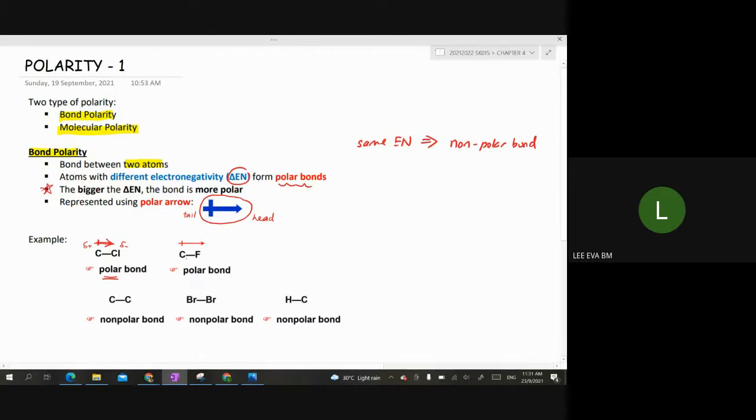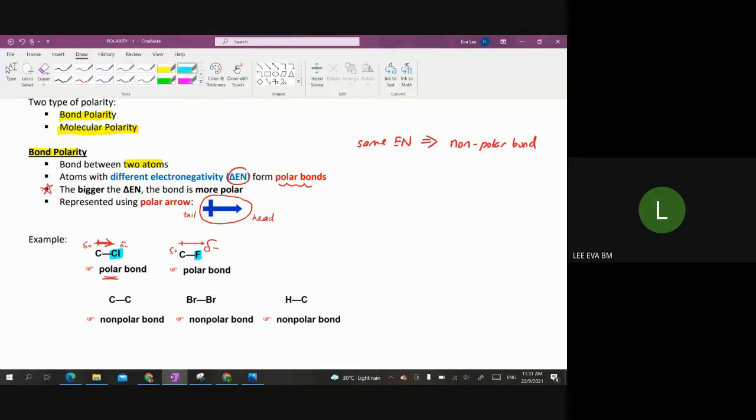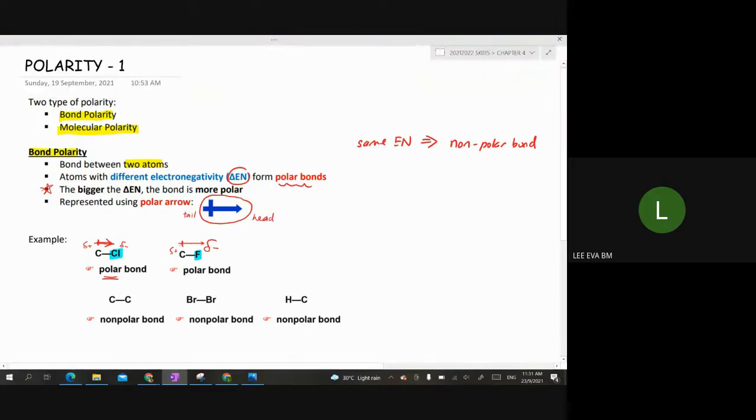So now if you compare another structure as C-F, we know that fluorine is much more electronegative compared to Cl. So dekat sini awak akan nampak, ini negatif, much more negative compared to Cl. Okay, so dekat sini madam highlightkan compare dua benda ni. So you can see the polar arrow is much bigger.